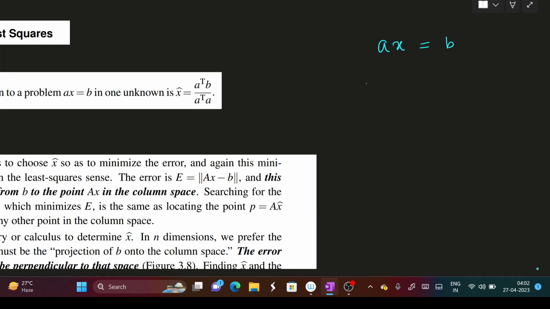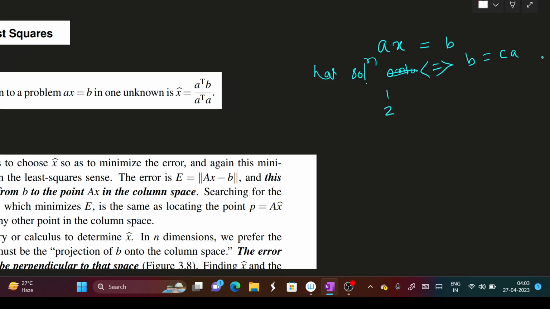It has a solution if and only if b is a scalar multiple of a, for some scalar c. Otherwise it has no solution.